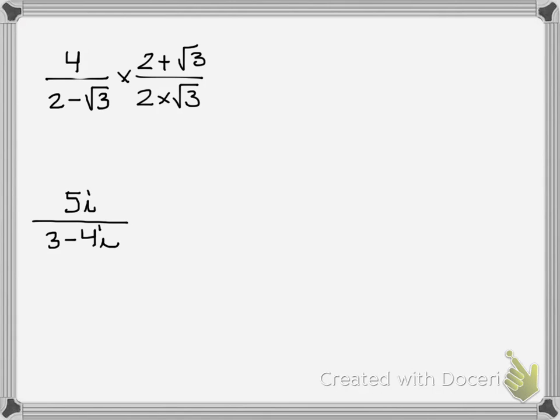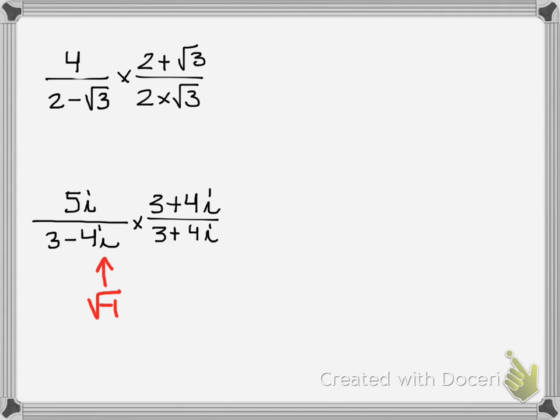Well, since i is rad negative 1, does it make sense that there's a radical in the denominator here? This imaginary number is kind of like having a radical in the denominator. I'm going to rationalize it through the same procedure as I do for any radical. So I'm going to go 3 plus 4i over 3 plus 4i.